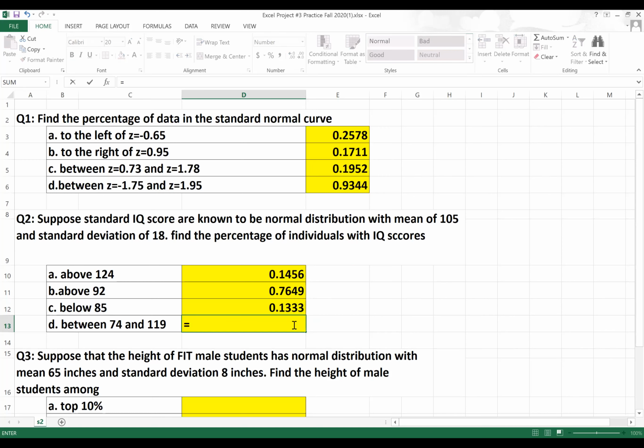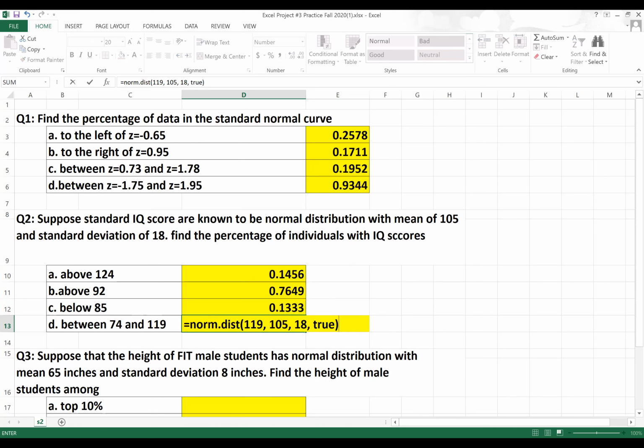And the last one, part D, is between, right? In between. So we have to use the bigger IQ score first, which is 119. A bigger IQ score gives us a bigger probability, because a bigger z-score gives us a bigger probability. And 105 is the mean. Standard deviation is 18. True, right?